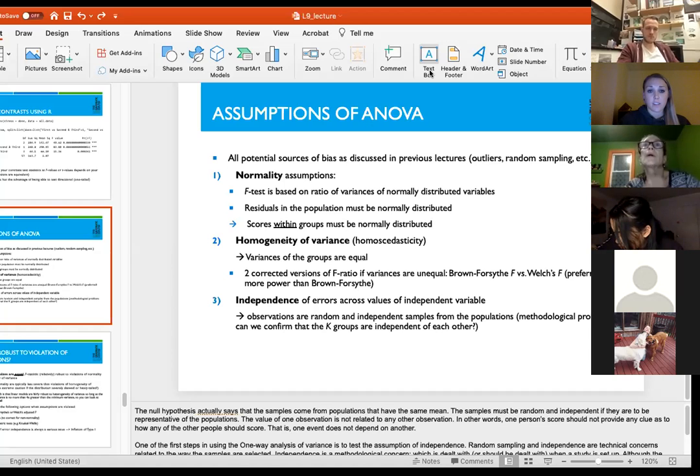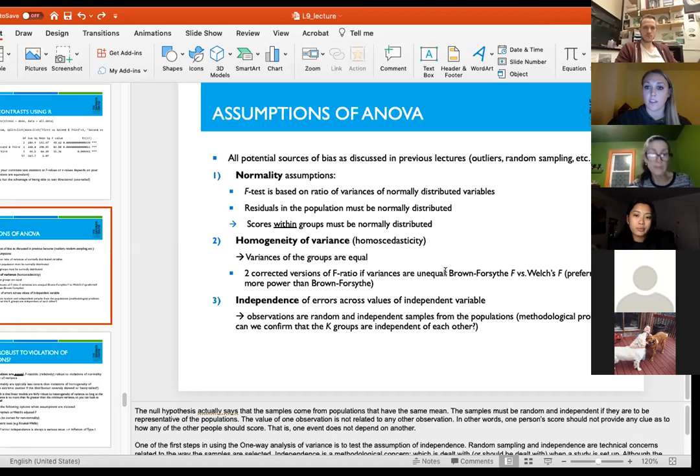Homogeneity of variance, you want to check, this is just like with the independent samples t-test, check that the variances in the groups are roughly equal. If you violate homogeneity of variance, there are again corrections for this. That's going to do the same thing that we did with the independent samples t-test. It's going to alter your degrees of freedom, therefore making your F critical higher and making it more difficult to get significance, right? So this is going to penalize you a bit for your violation of homogeneity of variance.